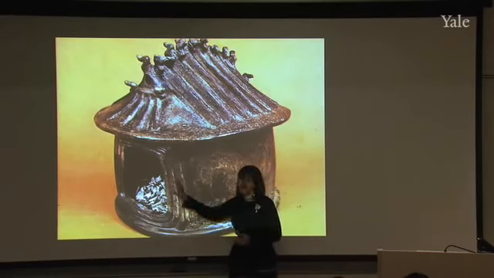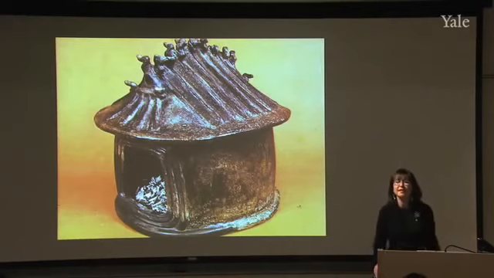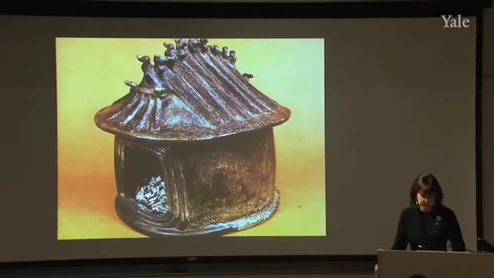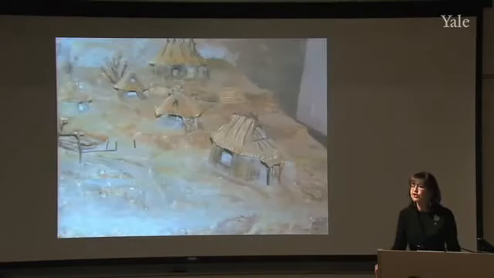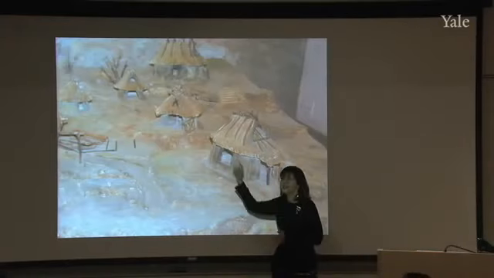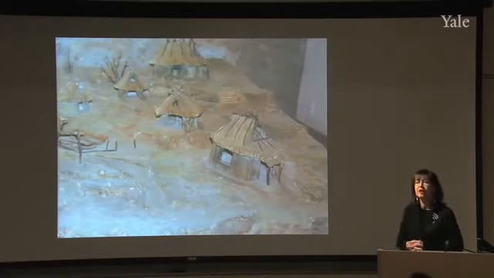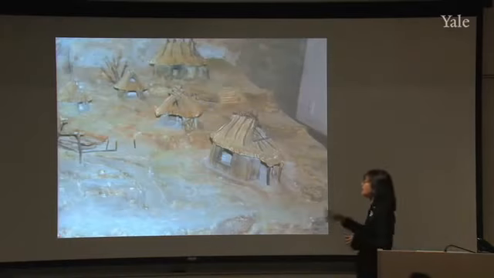But the houses are actually more important in terms of giving us a sense again of what Romulus's village looked like in the 8th century. And if you take one of those huts and you combine it with another set of huts, you can get a sense of what the village of Romulus would have looked like in the 8th century BC.